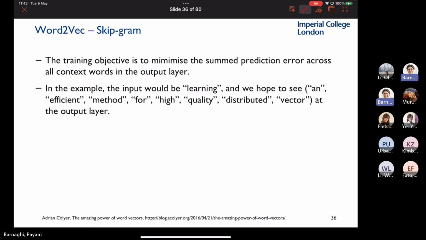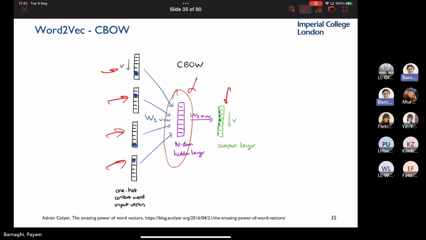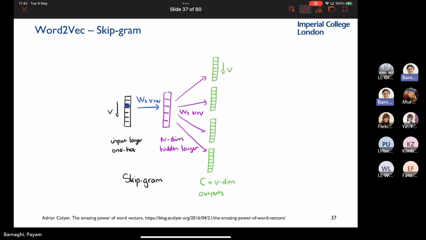Once you get your word representation, there are, again, different models. In this one, you're giving one-hot encoded inputs, and you make the model predict the missing word. In a skipgram, you're giving a unique word, and you're letting that word predict all the other words close to it. You're doing it the other way around.